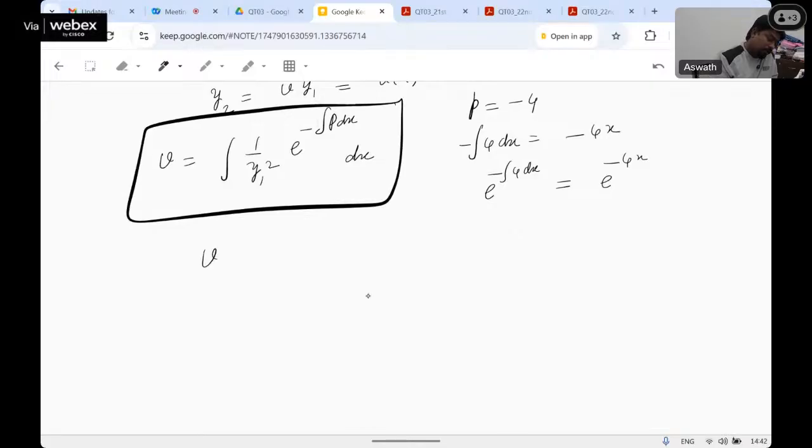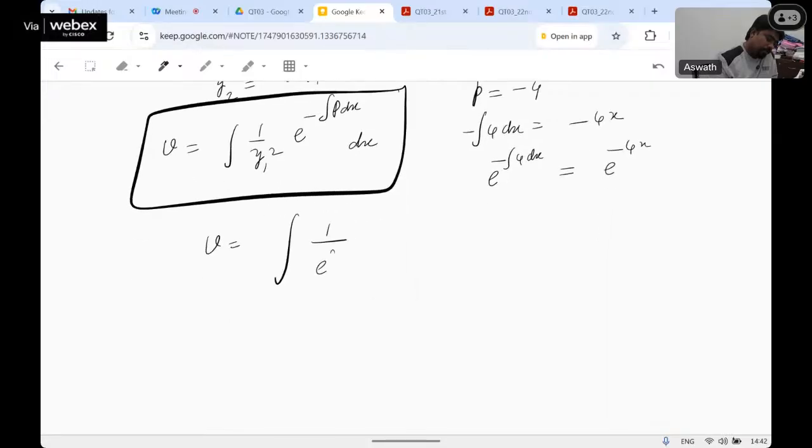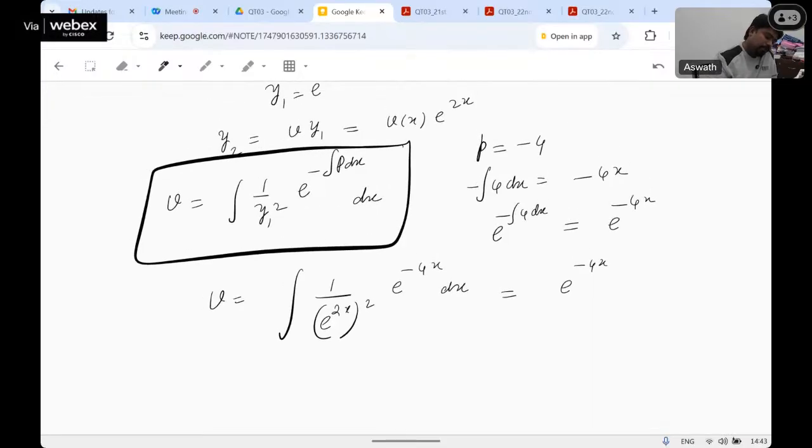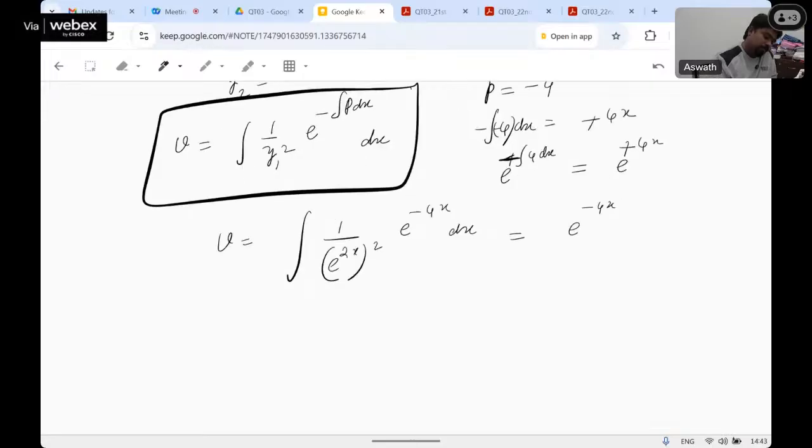Now I will get v, which is exponential 2x whole square, with exponential 4x, into dx. Sorry, there's a minus sign, minus of minus goes plus.